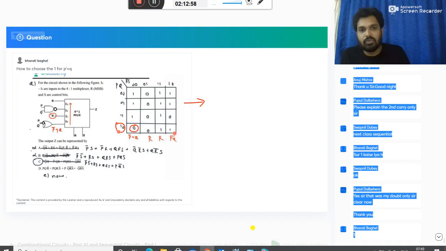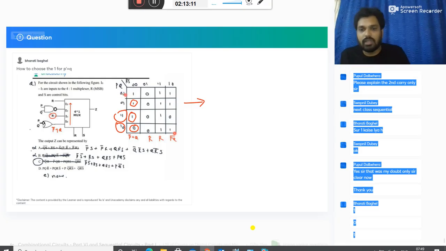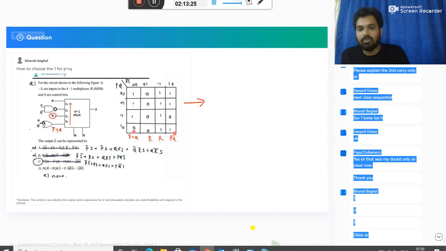P bar plus Q. Again, here 1 bar is 0 plus 1 is 1. 0 bar is 1, 1 plus 0 bar is 1 plus 1 is 1. 0 bar is 1 plus 1, 0 is 1. Is it clear? Maybe you were a little confused. Just P bar plus Q. Is it clear now?